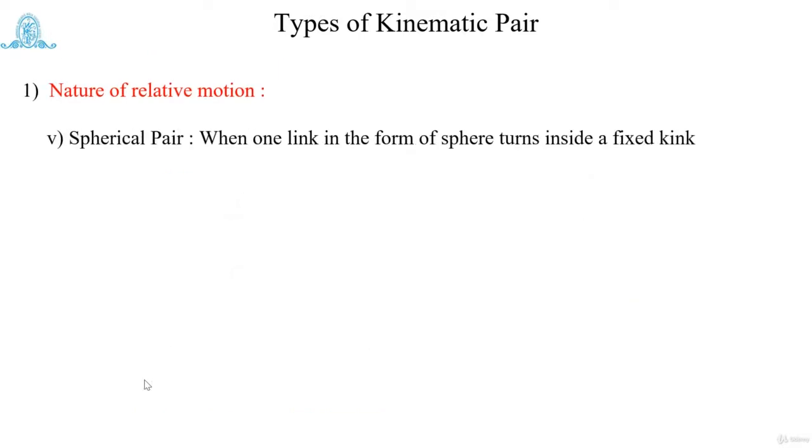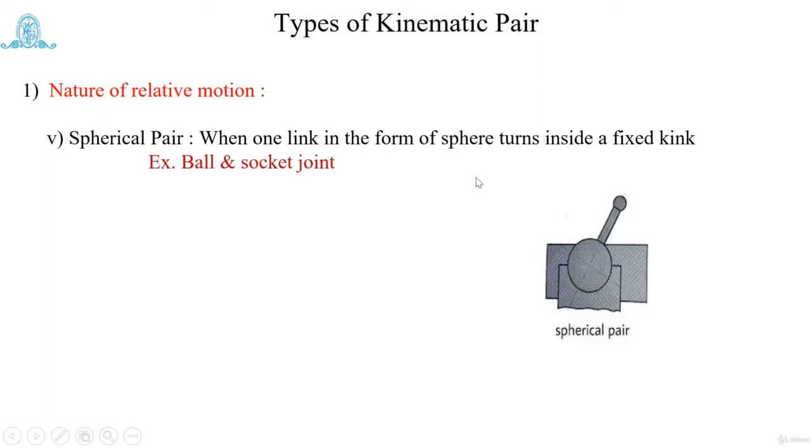Then the spherical pair. When one link is in the form of a sphere and the sphere turns inside a fixed link. It is more convenient to take an example first. Take a ball and socket joint. There is one fixed link with a spherical shape, and a second link which is also spherical.